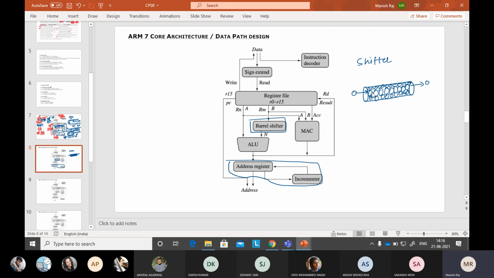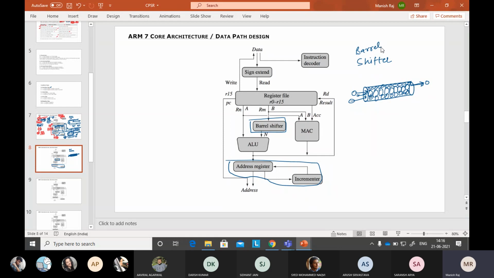If you put one marble in this end, you get one marble at the other end. You put another, you get the second, and you put another, you get the third one. So like this, you can say this is the condition of a barrel. So we are saying that is the barrel shifter.